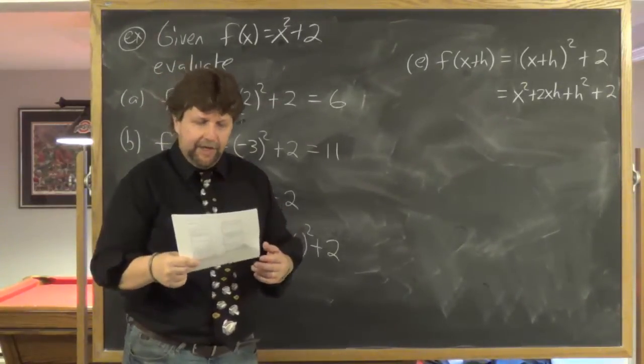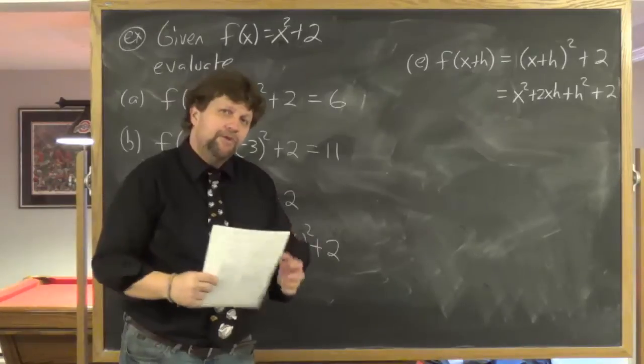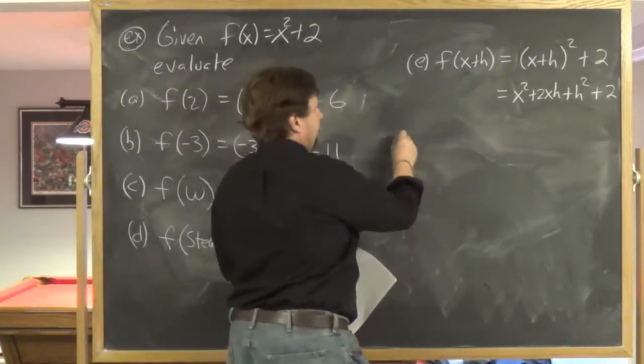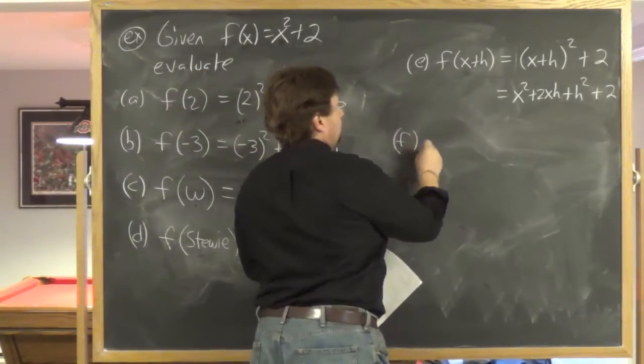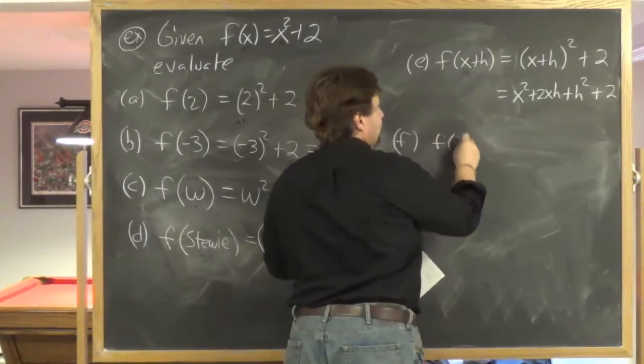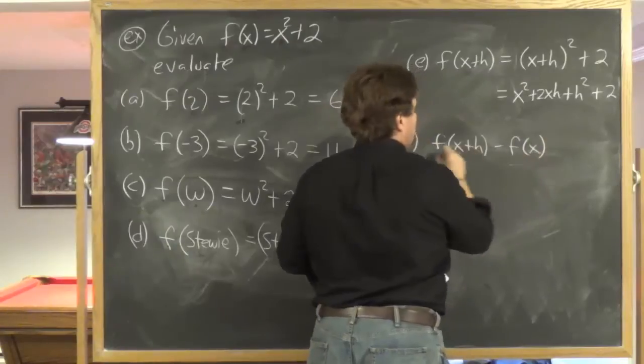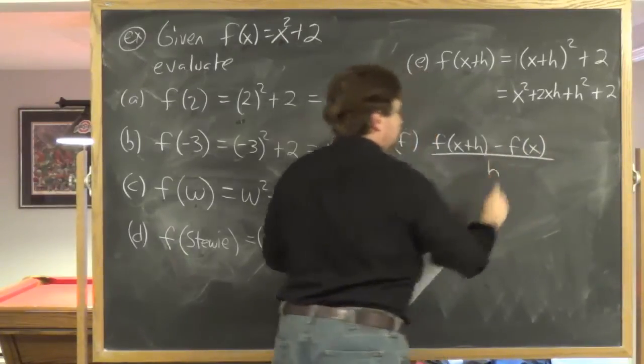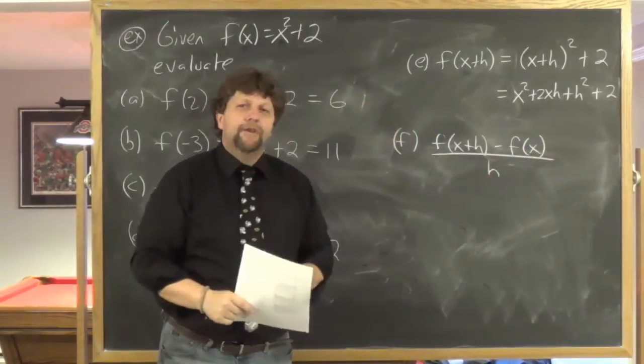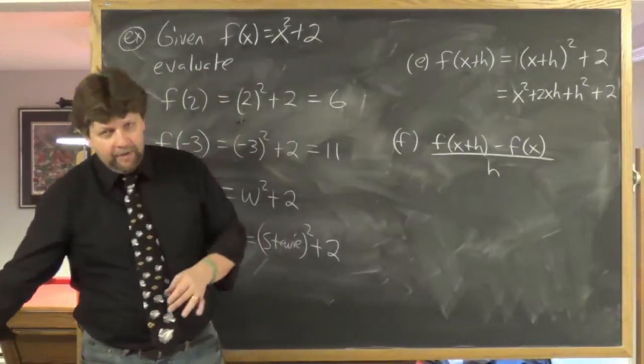The process doesn't change. So when you see the following, this is part F, when you see the f of x plus h minus f of x, all of that junk over h, we will not freak out. We will not say, oh, well, I don't know what's going on here.